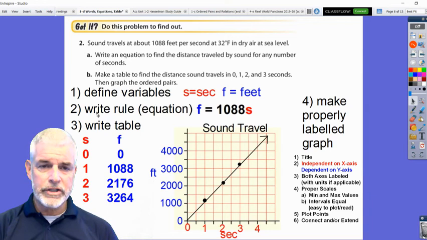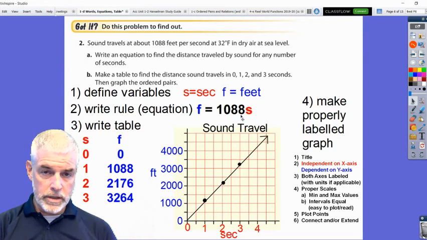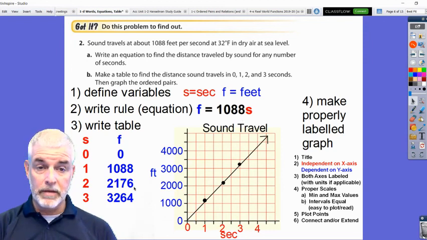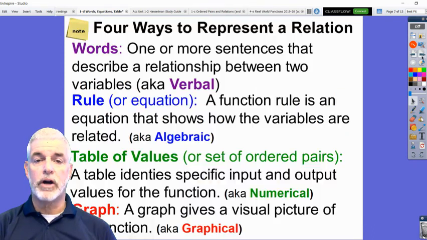So this shows the 4 representations of this relationship. Words, that was given in the problem, okay? A rule, an equation, which you made up, a table of values, which you made up, and a graph, okay? So you know the 4 ways to represent a function, okay?